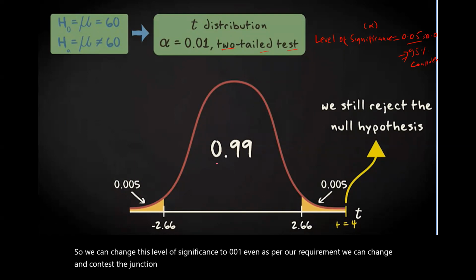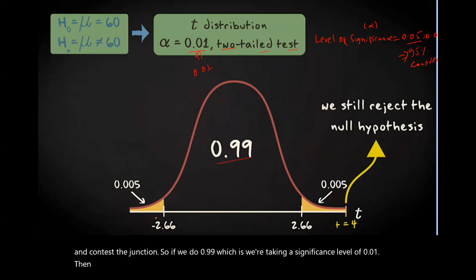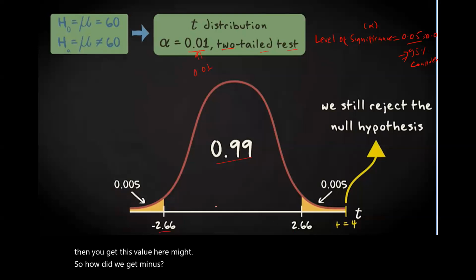So if we take a significance level of 0.01, which is 0.99 confidence, then you get this value here, right? How did we get minus 2.62?